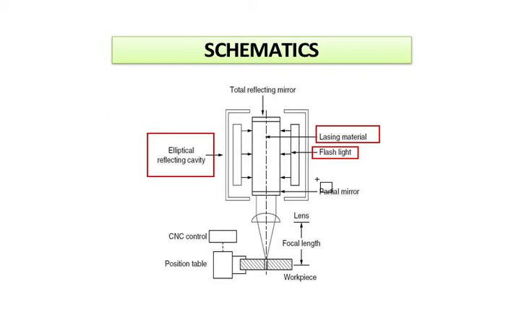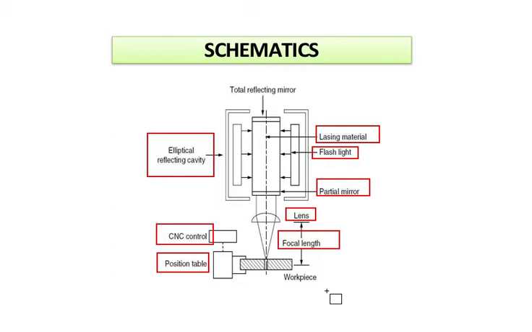There is a partial mirror for reflecting the laser beam. A lens has been provided so that you can focus the laser beam at a particular point of the workpiece, and next the focal length is given. This entire thing you can control by a CNC control. There is a position table for the movement of the workpiece.